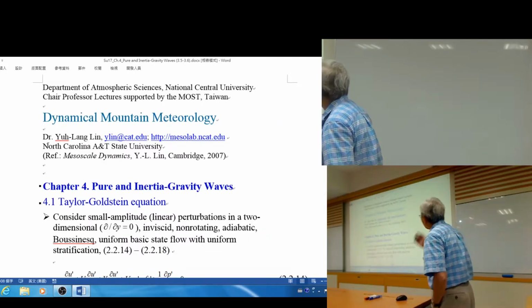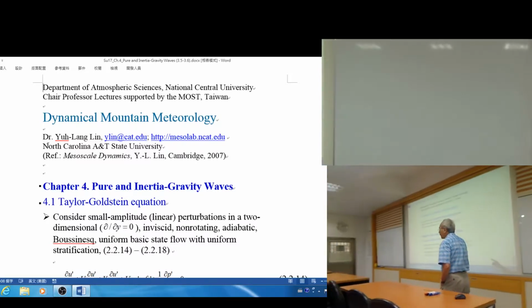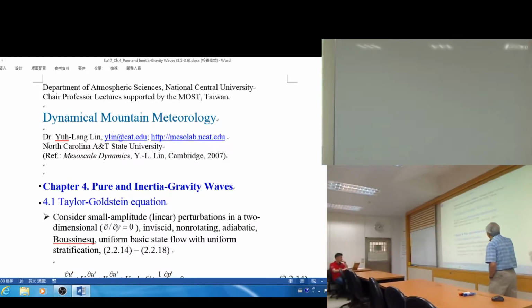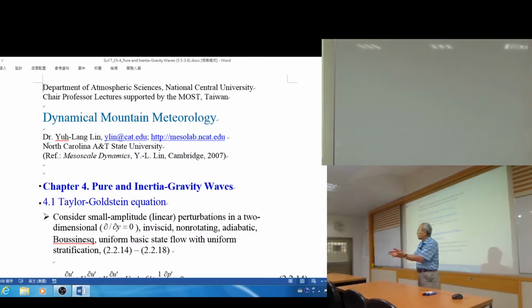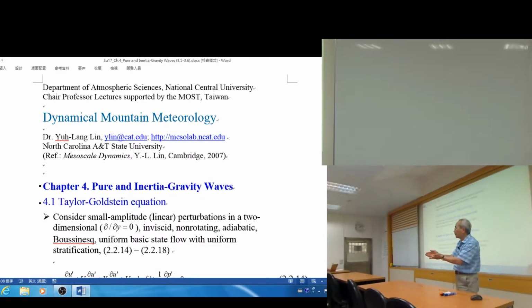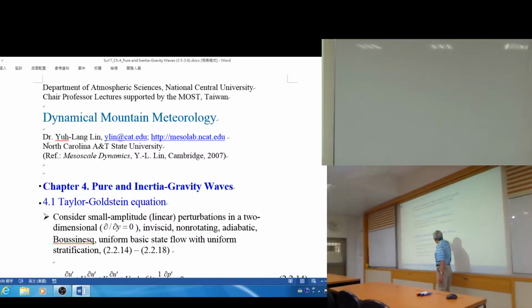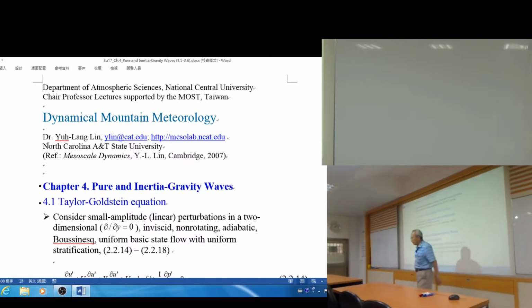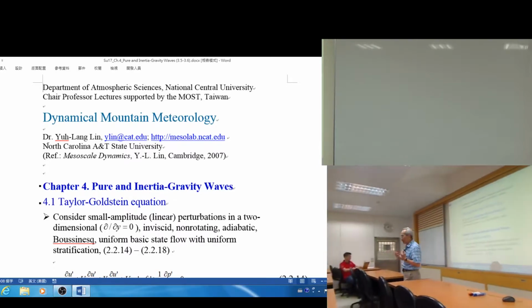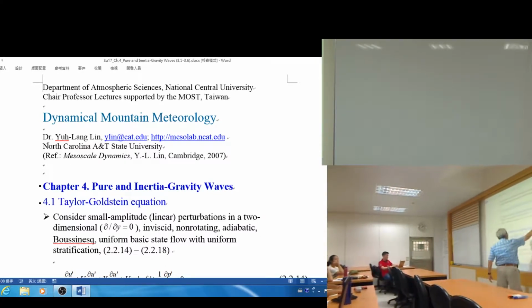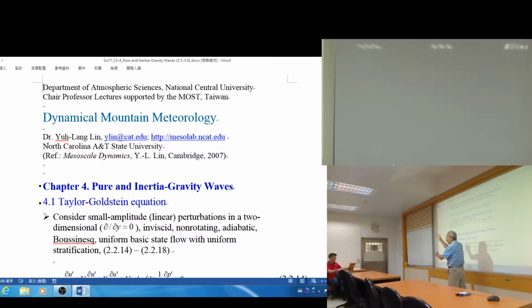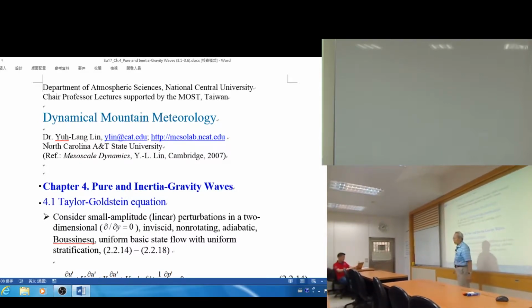Okay, so the next topic is pure and inertial gravity waves. We will focus more on the pure gravity waves. This one is actually similar to gravity waves except you have the rotational effects included, so as long as you understand the pure gravity waves it's easier to understand this. Of course, when I read the book I was thinking to start with inertial gravity waves and then assuming f equals 0 reduce to pure gravity waves, but later I changed my mind.